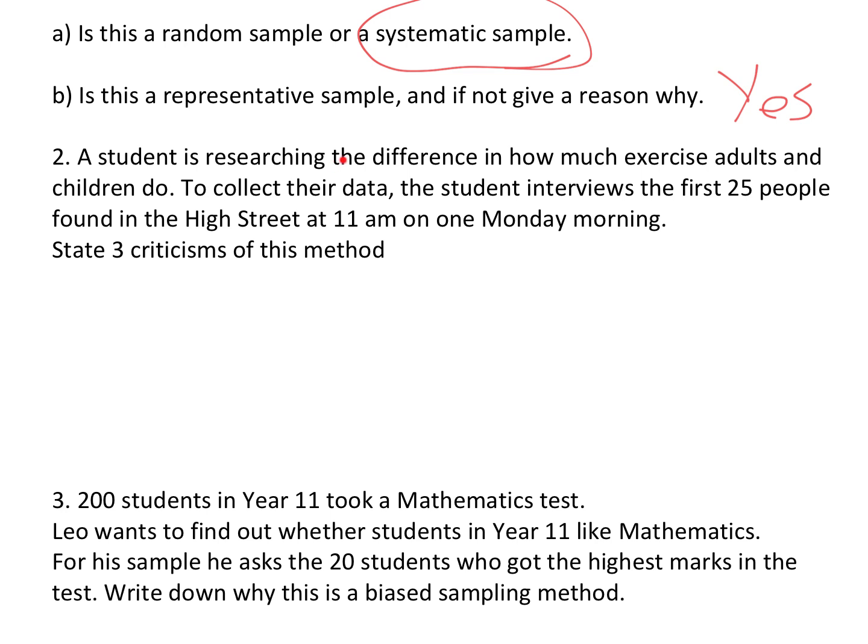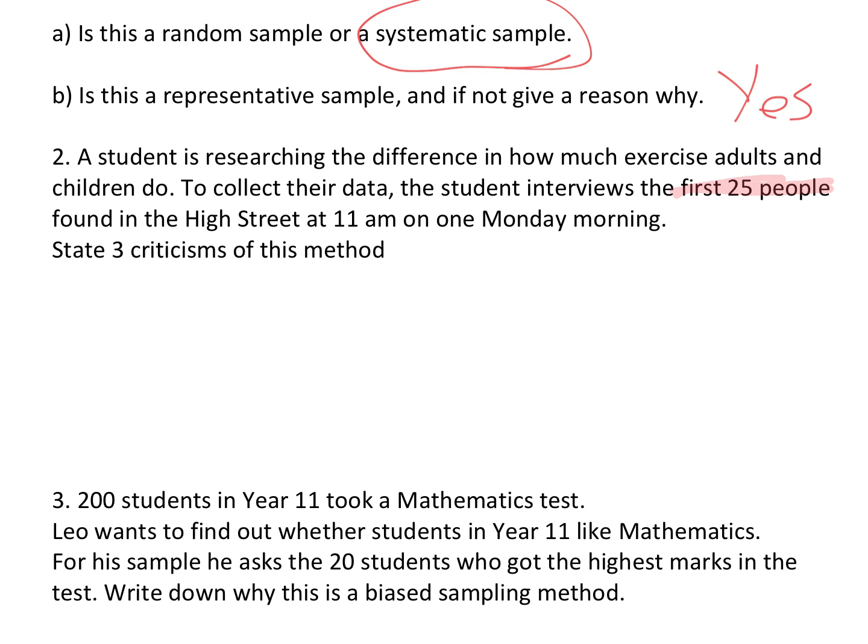So it's researching the difference in how much exercise adults and children do, and then interviews the first 25 people found in the high street at 11 a.m. one Monday morning. With 3 criticisms, you're going to look at different parts of that question and try and break it down. So first of all, it's the first 25 people.